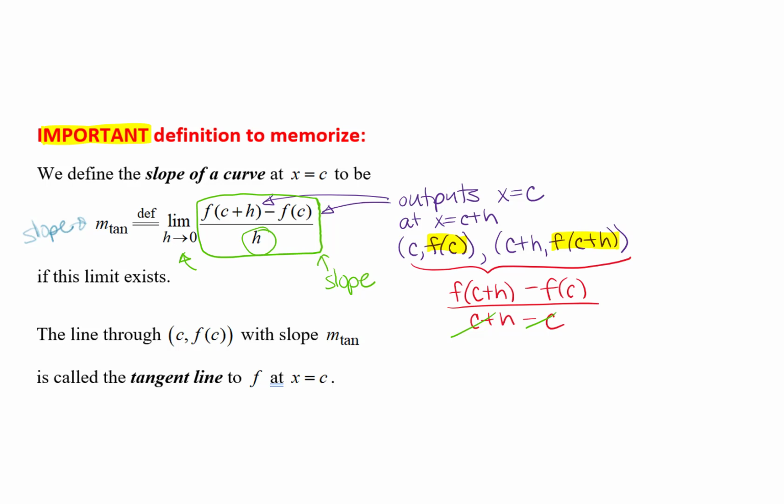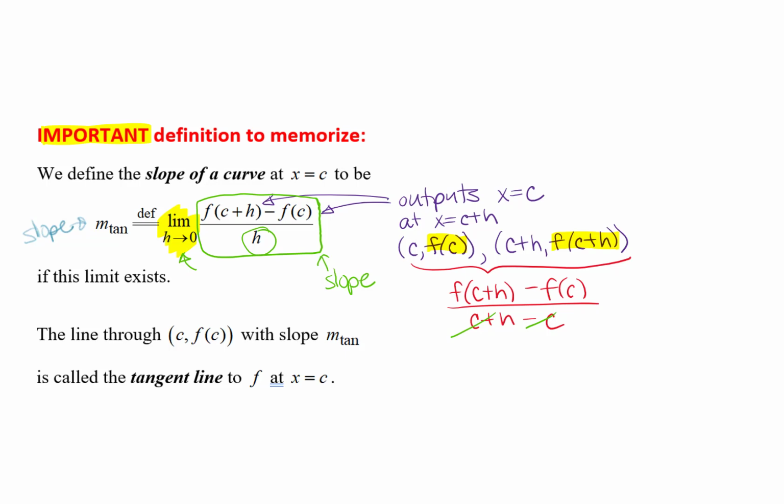So this is really just formalizing that idea of letting that second point get closer and closer to the first point. All right, so you want to be able to memorize and write down that definition, including the lim out front. That'll be important, and be able to write that down perfectly and correctly every time. So practice that until you can do it.